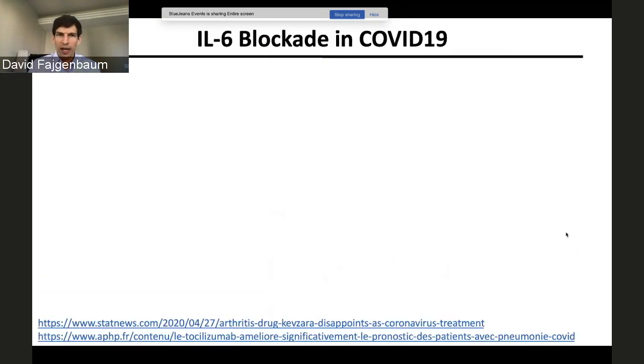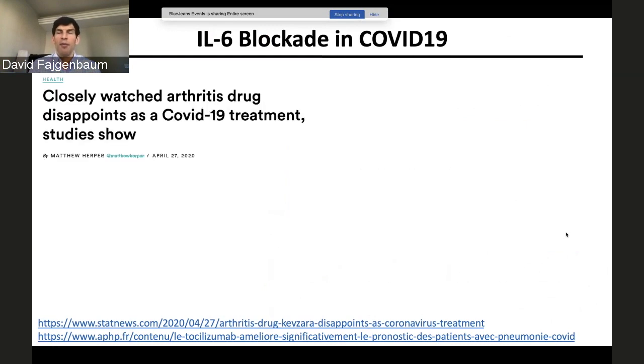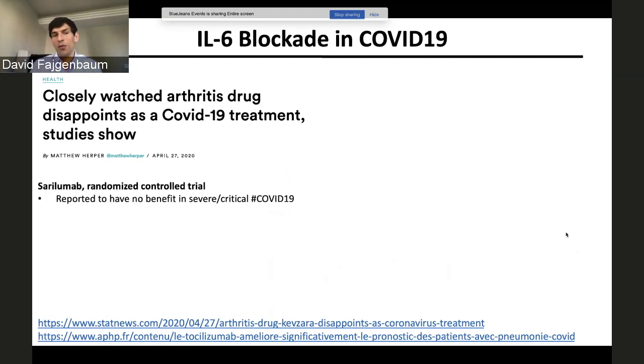So yesterday, the first two randomized controlled trials of IL-6 blockers came out. The first is of sarilumab, which also targets the IL-6 receptor, just like tocilizumab, but they reported really disappointing results. There was no benefit when you combine severe and critical patients, and there was a possible signal in the most critically ill.